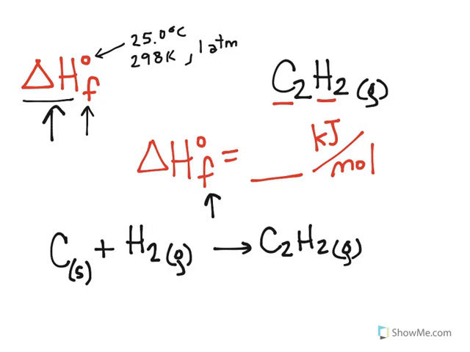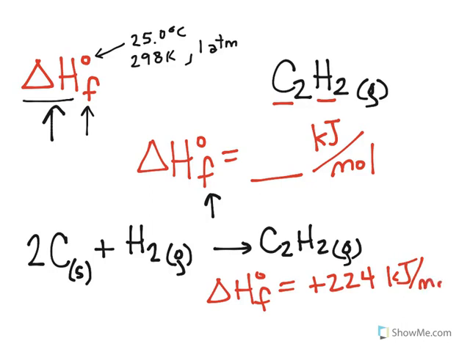And of course, it needs to be balanced, so the coefficients will be 2, 1, 1. There are textbooks dedicated to providing the standard heat of formation of thousands and thousands of substances. So if you looked up C2H2, its value would be positive 224 kilojoules per mole.